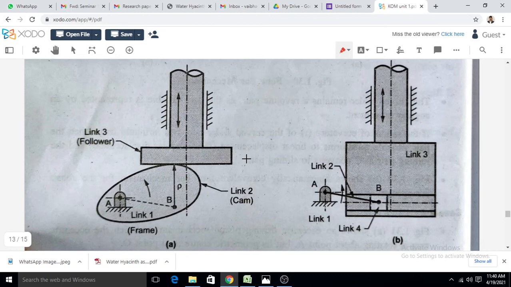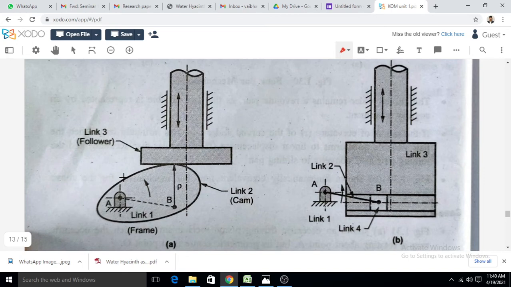And we all know that a higher pair is equivalent to two lower pairs and one additional link. This means if a higher pair is present in a mechanism, then this higher pair is equivalent to two lower pairs and one additional link. So how this will happen, we will discuss here.